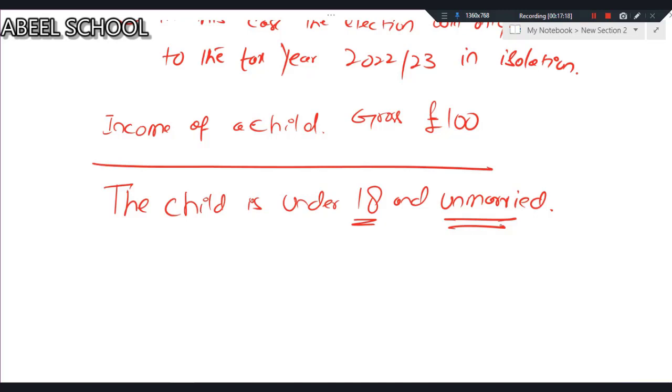But if income is coming from the parent to a minor child, who is under 18 and unmarried, and the income is more than 100 pound, then the entire income belongs to the parent who has given this gift to the child.